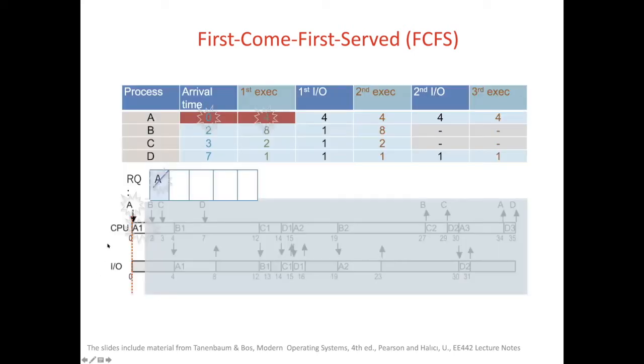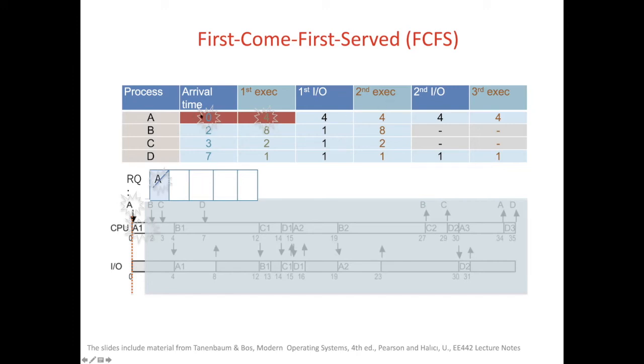Here the Gantt charts for CPU and I/O are given for the execution of the processes that we considered previously, for the execution of the processes A, B, C, and D, for which the arrival time and also the length of the execution and I/O bursts were given previously.